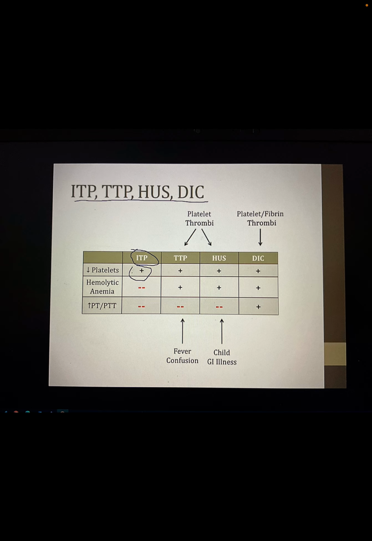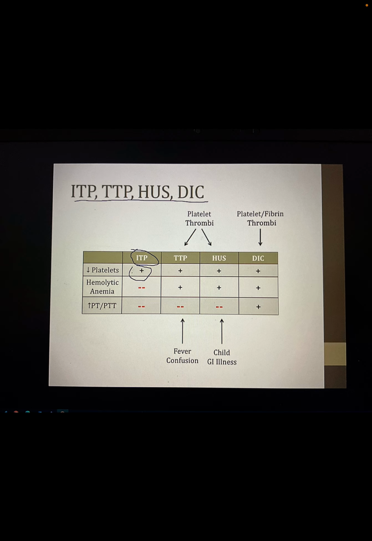So TTP would present with fever, with confusion or seizures or any neurological problem like headaches. And then there would be anemia, there would be low platelets, and a little bit of kidney dysfunction. That would be TTP, the terrible pentad. There would be platelet thrombi formation. And that would be because of the deficiency or the inhibitors against ADAMTS13. So TTP, TS13. So that's TTP.